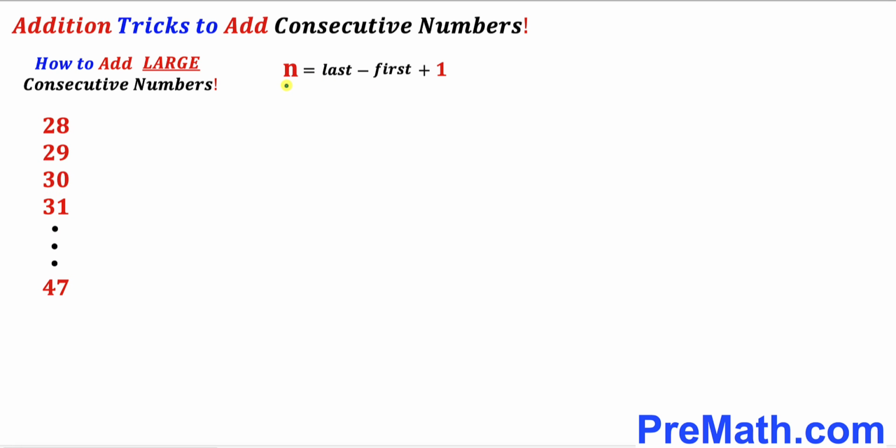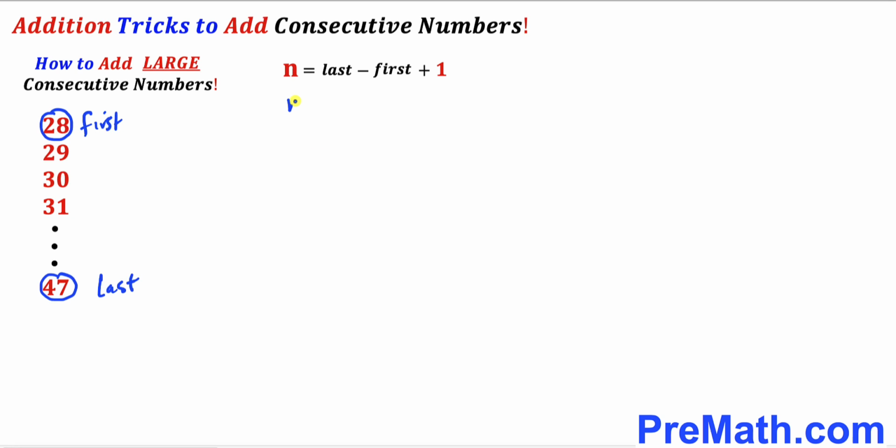Here's an easy formula to count these numbers. This n is always equal to the last number minus the first number plus 1. In our case, our first number is 28 and our last number is 47.